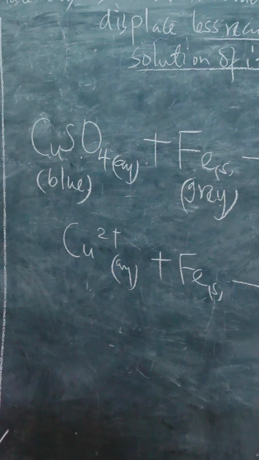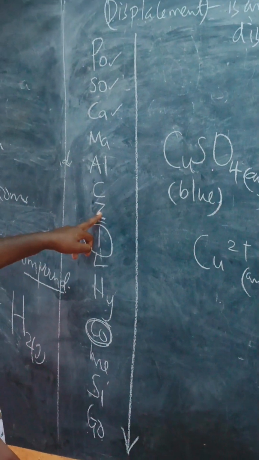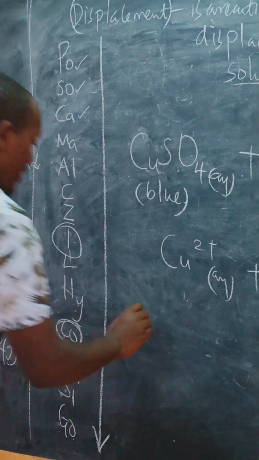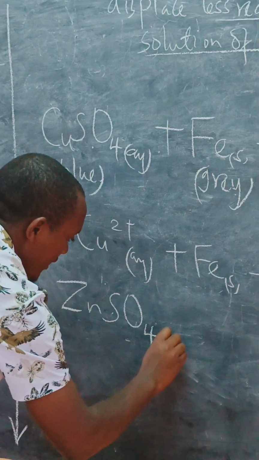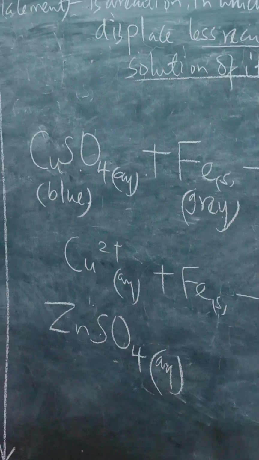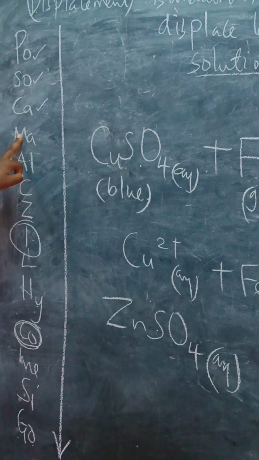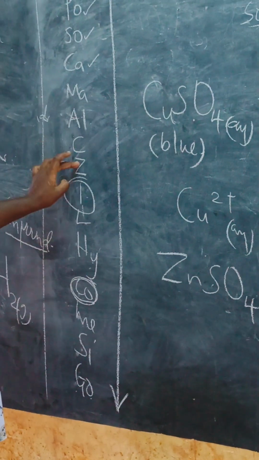Another example: we have zinc sulfate, aqueous, and magnesium. Zinc is below magnesium in the reactivity series.